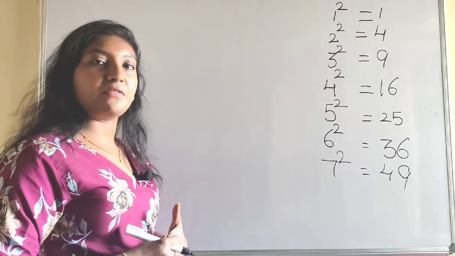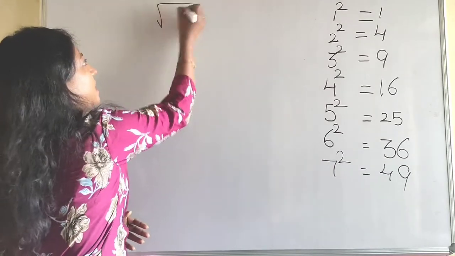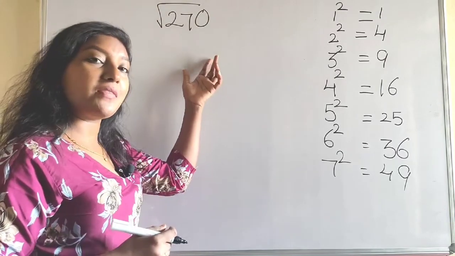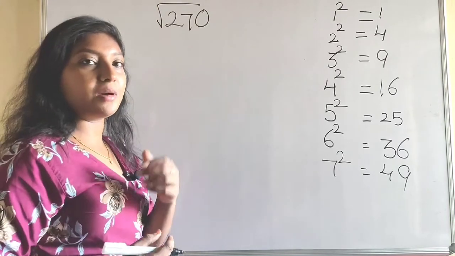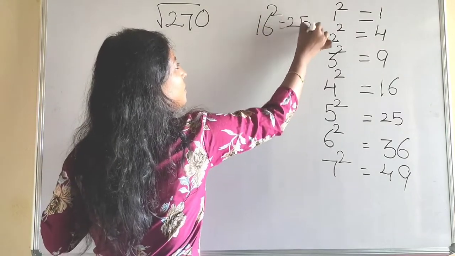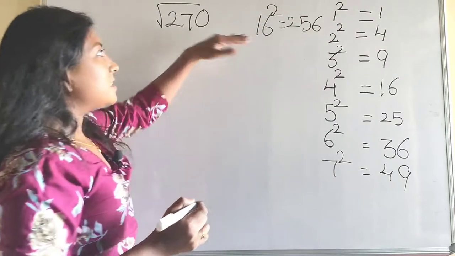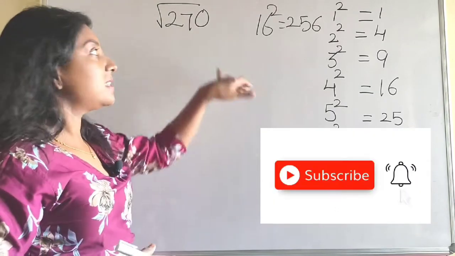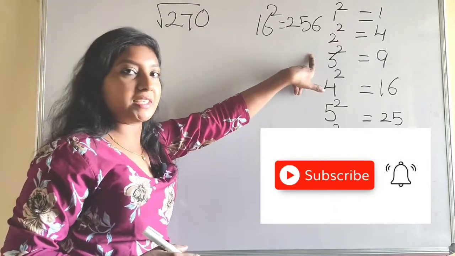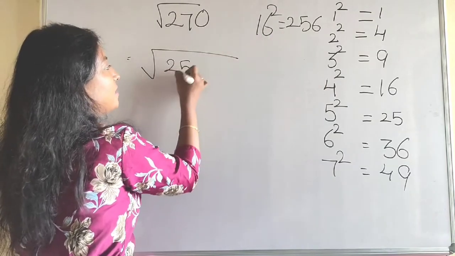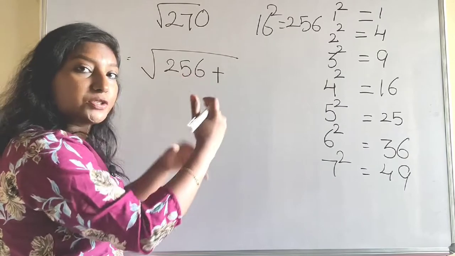So now let us see one more example. Here I am taking square root of 270. Now let us check this 270 is nearer to which square. If you observe, 16 square is 256. 256 is nearer to 270. So now we are writing 270 in terms of 16 square. Now let us start writing. That is 256. Still we have to add plus 14 to give 270.